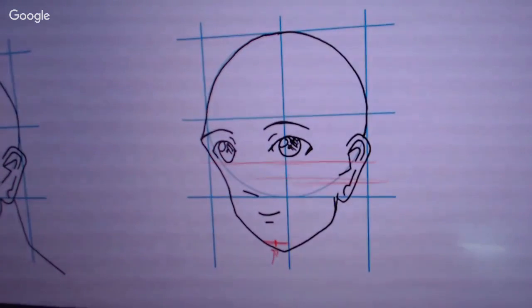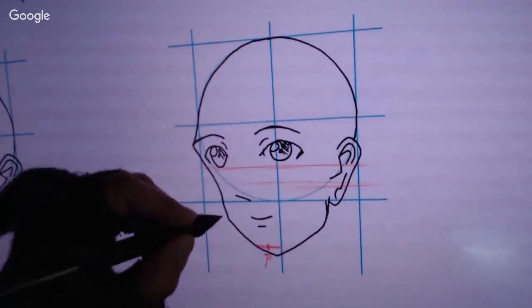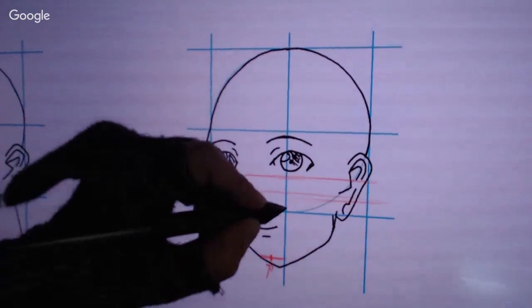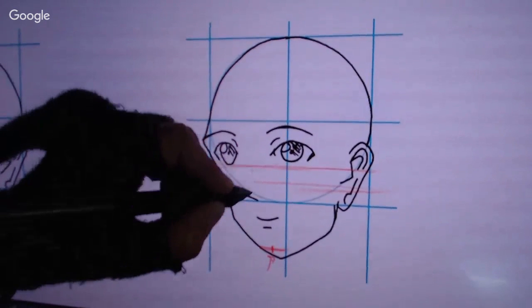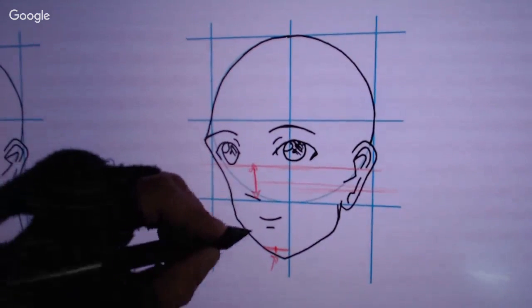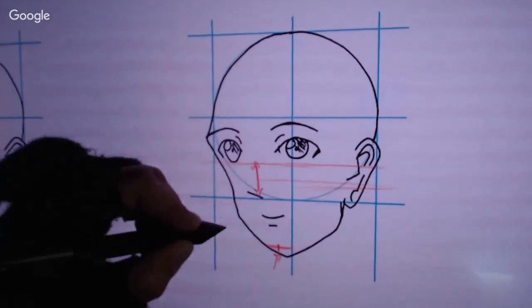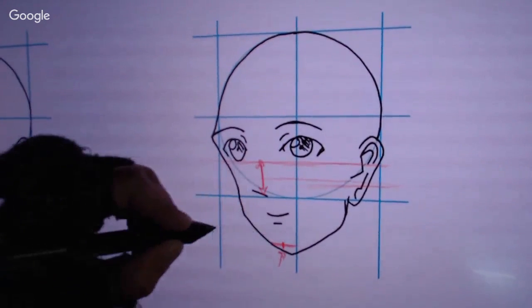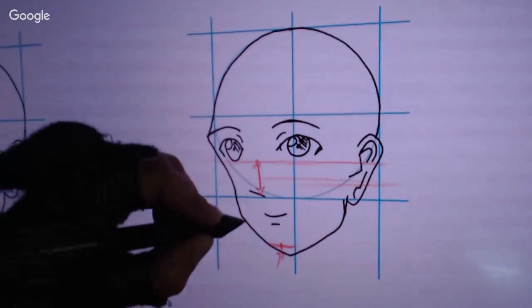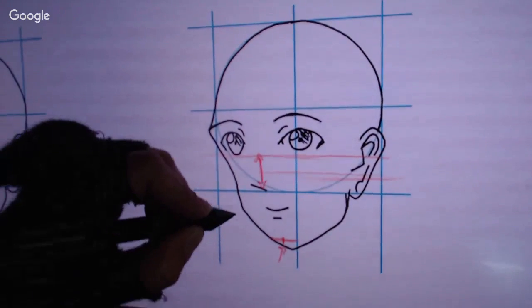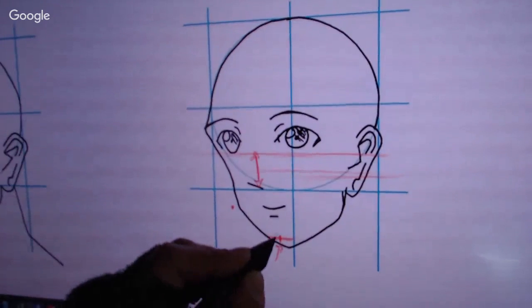That's the first one. The next, finding the point for the cheek. Okay, I divide this by half. I repeat this distance below, not tracing anything, just crossing my pen like this. And then in here, I divide, and I'm imagining a square in here. The center of that square is the point.